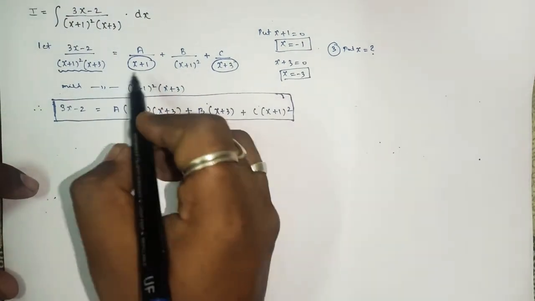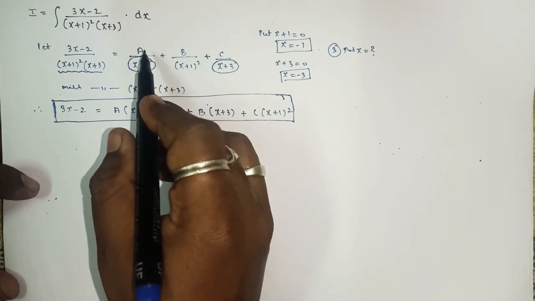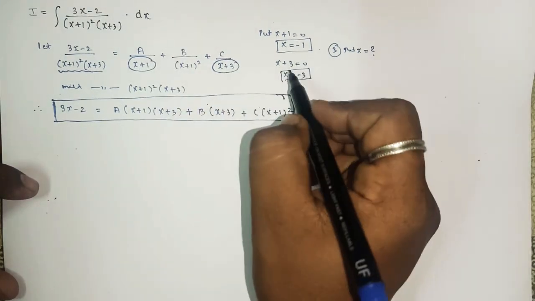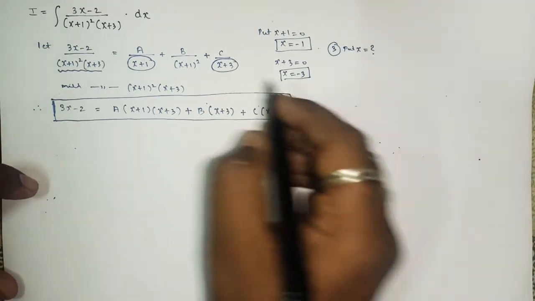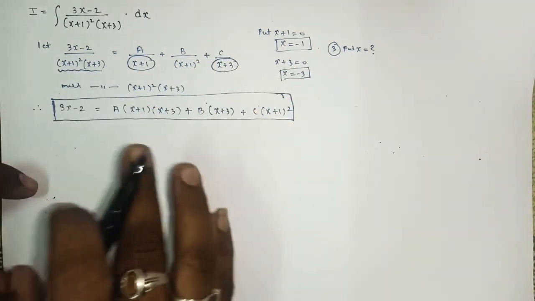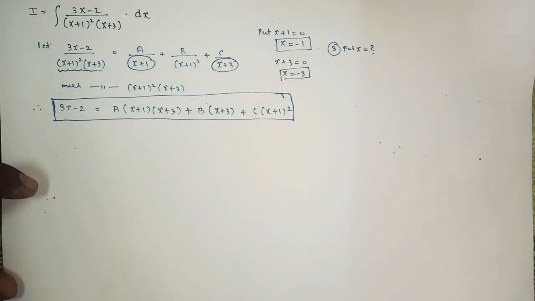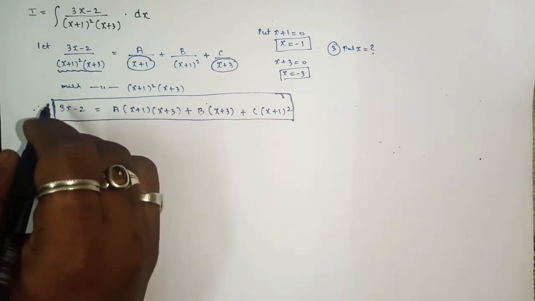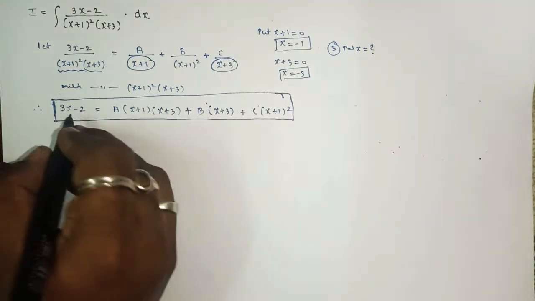So with the help of the first part you will be able to find one answer of a, b or c. With the help of this x plus 3 you can find your second alphabet, and the third alphabet we cannot find, as here we don't have the third linear factor. Okay, so that's why I told you, just remember, just write down this section inside the bracket.